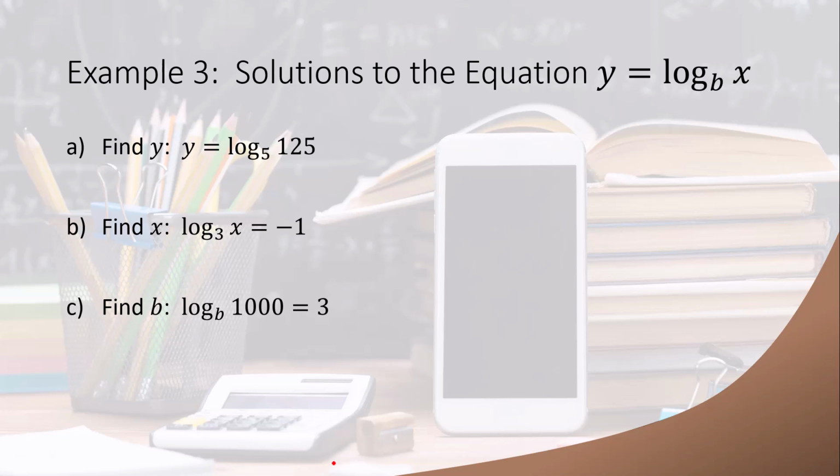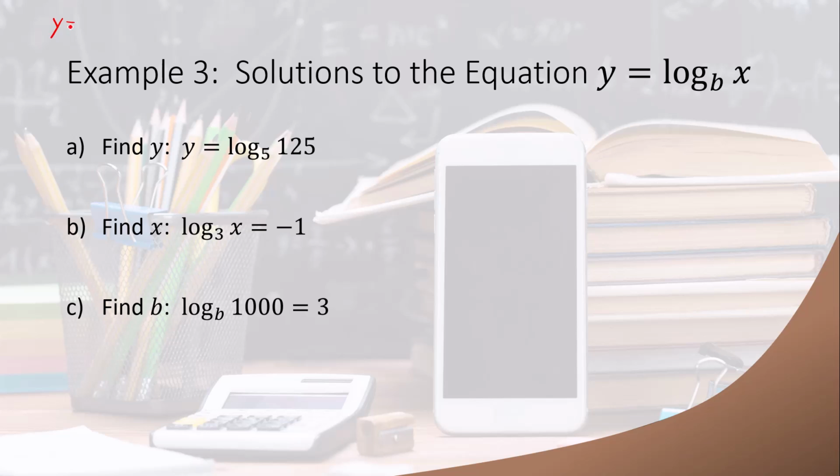Okay, now we can use this property, once again, to find the solutions to certain equations. And that's what we're going to do in these 3 examples. Now, these problems as written probably make no sense to you, but if you write them in the equivalent exponential form, it will probably make more sense. So let's go ahead and write that down.